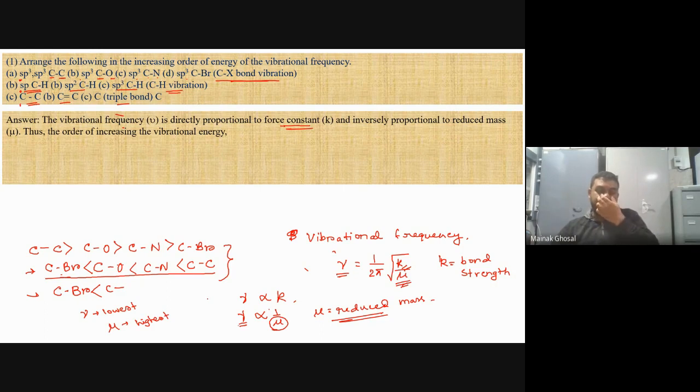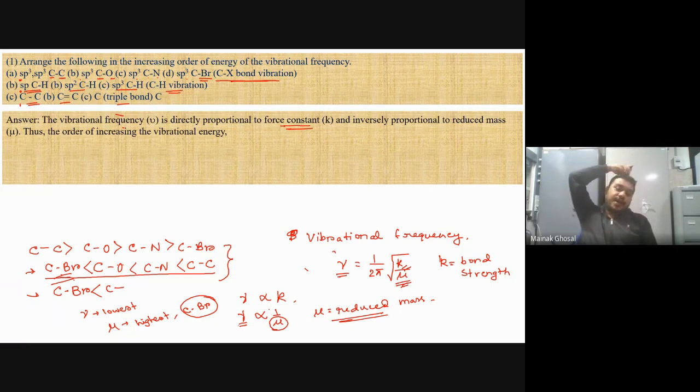The highest molecular weight is of bromine, right? Since bromine has the highest molecular weight, your reduced mass will be highest for CBr, so it will have lower vibrational frequency. So the first thing is CBr.